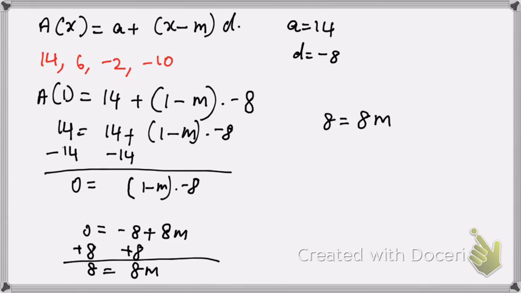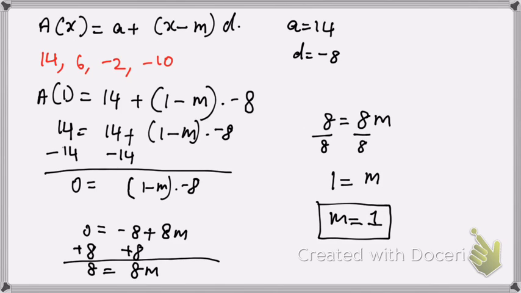So what's the value of M here? It's pretty simple. You can divide both sides by 8. Now you'll get 8 divided by 8 is 1, equals M. So M equals 1.